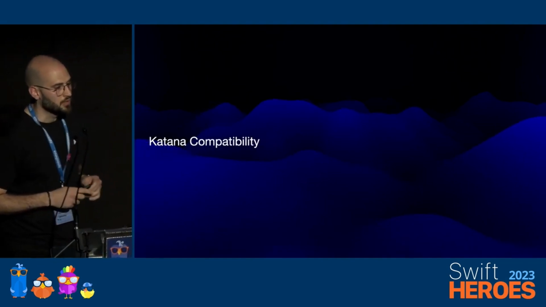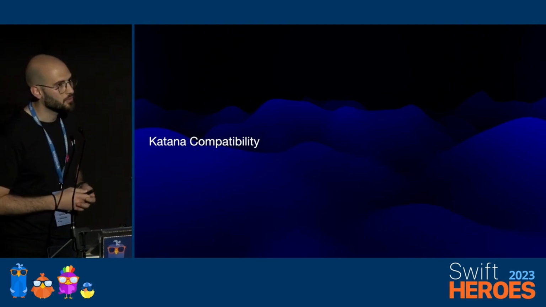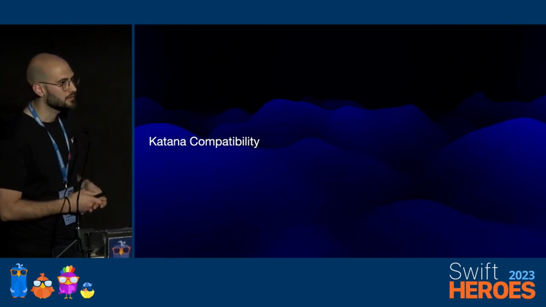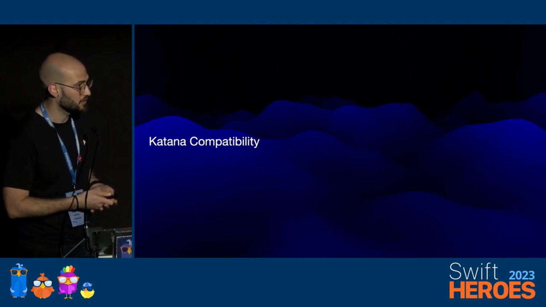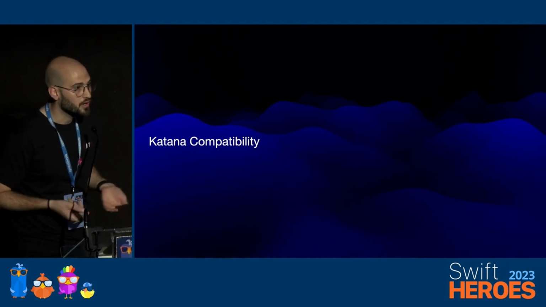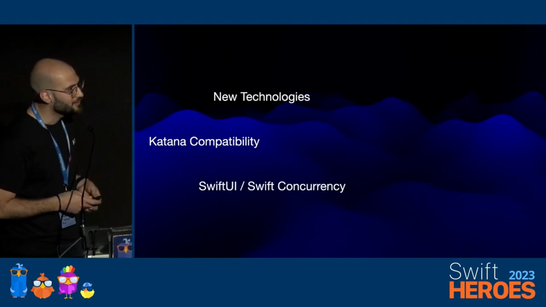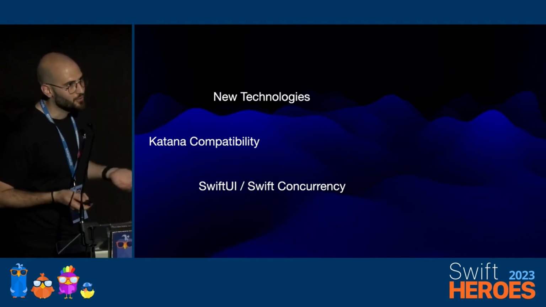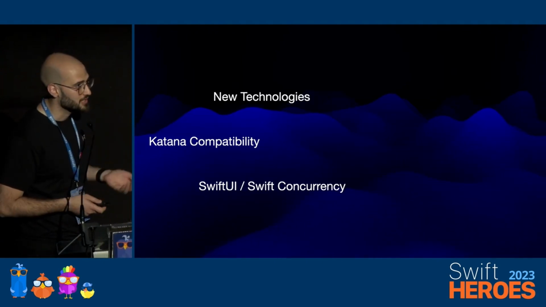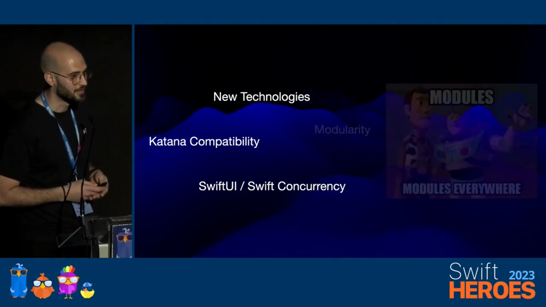First of all, we should make something that was fully compatible with Katana and as much as possible similar to it in order to speed up our learning process of what we were using. As a second point, we were younger than today, and we would like to have fun with new technologies such as SwiftUI and Swift concurrency.